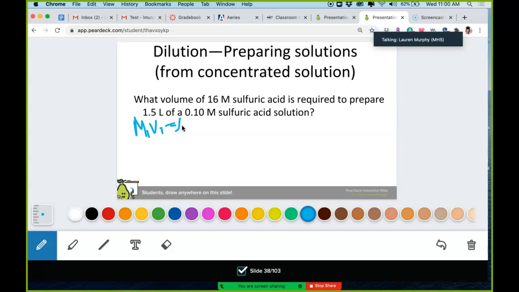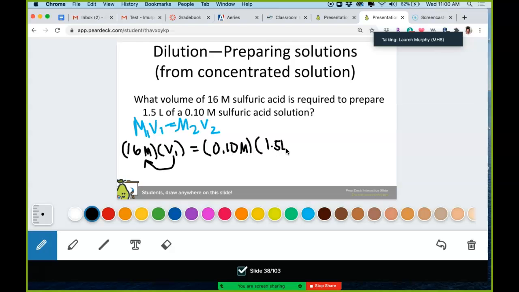M1V1 equals M2V2. My initial concentration is 16 molar. I don't know what my initial volume is. I need to figure out how much of this guy I'm going to use. That's what I'm solving for. I want the new concentration to be 0.1 molar, and I want my volume to end up being 1.5 liters.